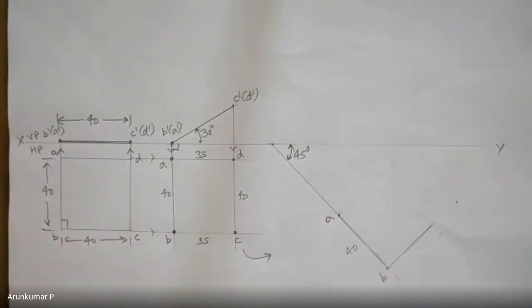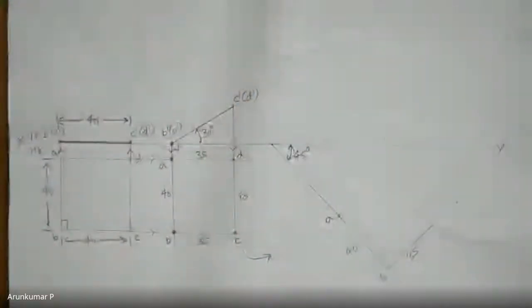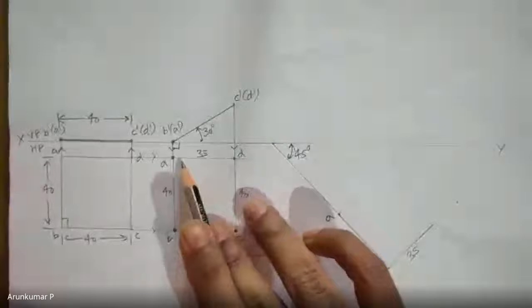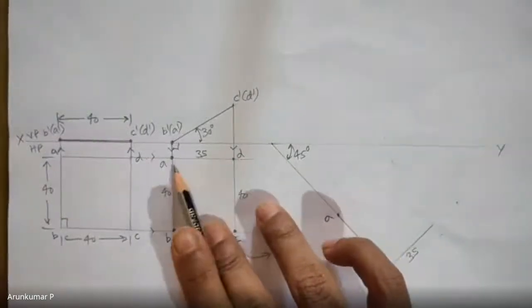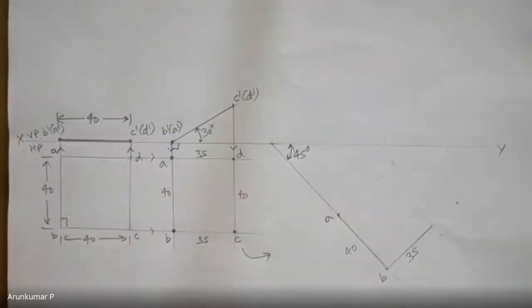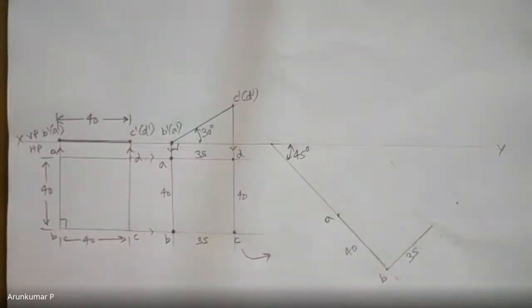This is the 35 mm. Same thing I can do here also. At A, I can draw this AD, a 35 mm line at 90 degrees. Or else I can use my rounder. This is another technique which some people use. I'll show you that also.